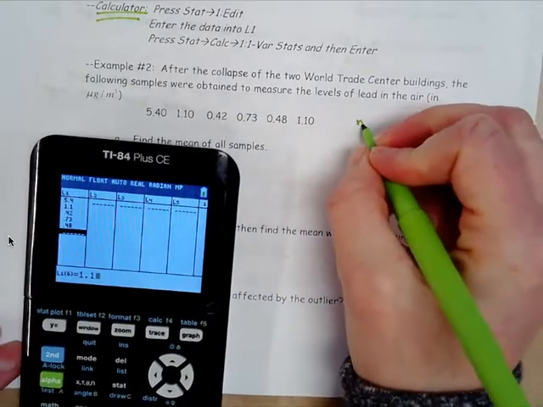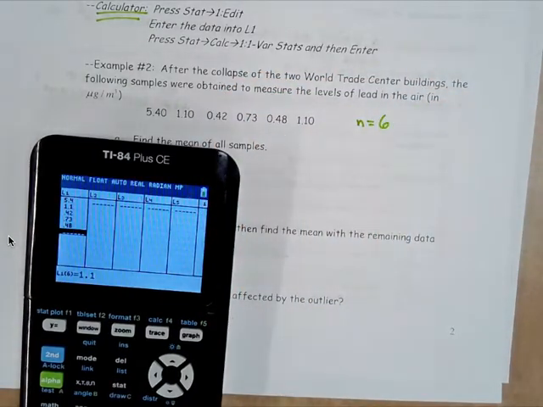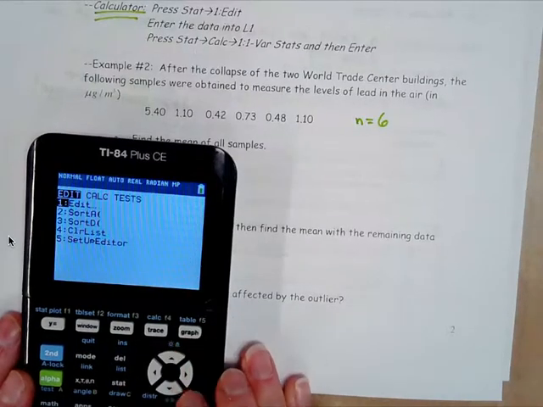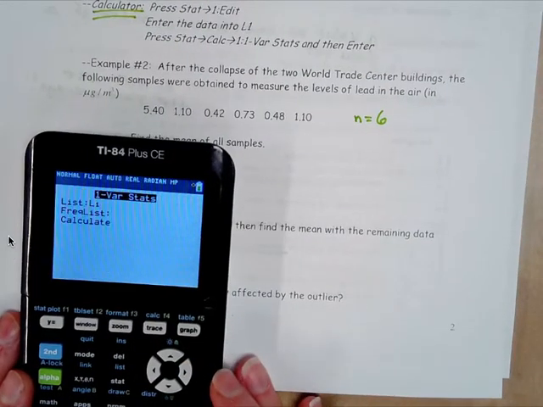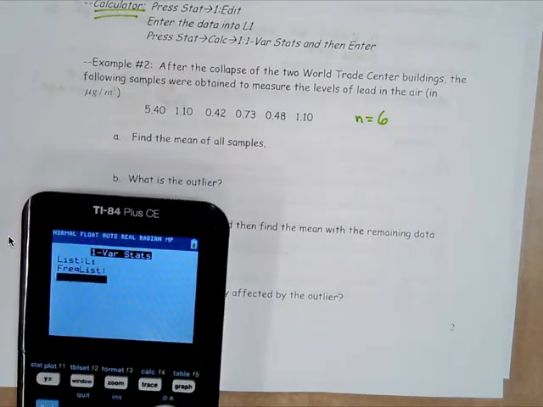And how many do we have? 6. Yeah, 6. So that's just something good to write down, just a note. So we put in L1, then go stat, calc, 1 var stats. It says find the mean. Mean is X bar.